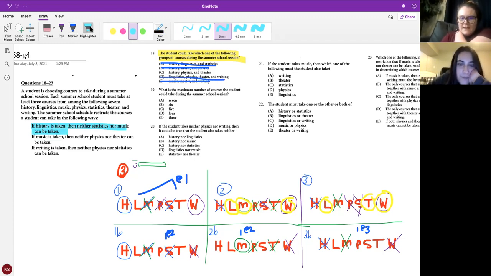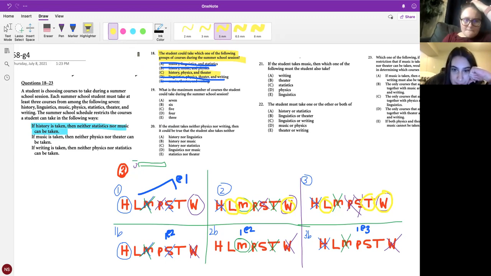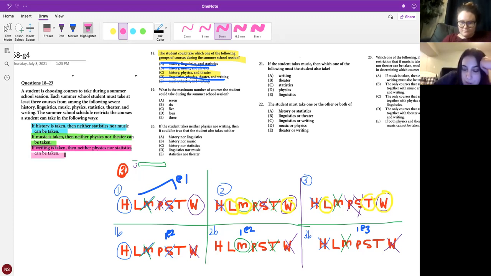All right, and then I would skip and go to my if question. So I would do 20 first. If the student takes neither physics nor writing, then it could be true that the student also takes neither. So a world where you have physics and writing crossed out. I'm going to look at the bottom half, because we're looking for when we don't have physics nor writing. So 2B, we don't have physics nor writing.